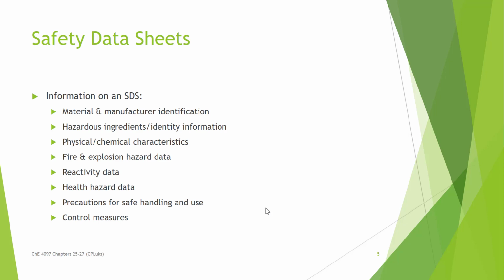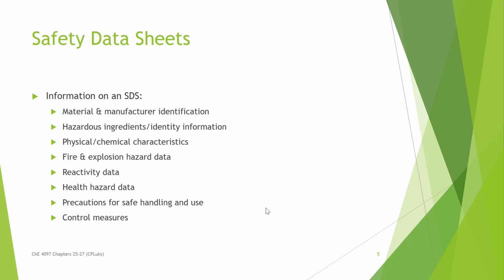Another thing is safety data sheets, and we've been using these, but we haven't specifically discussed them. The information on a safety data sheet is going to be the material and the manufacturer's identification information, what's hazardous in the ingredients, and identifying information with physical and chemical characteristics.